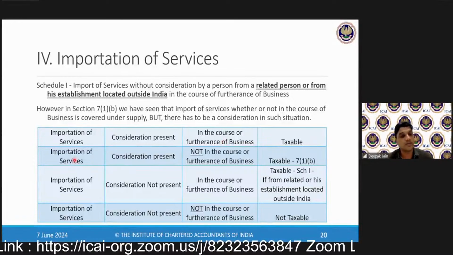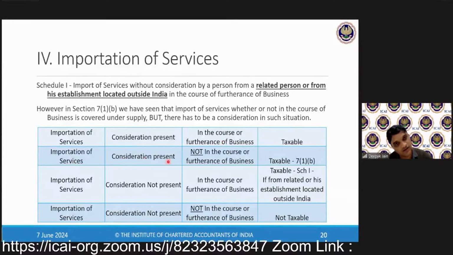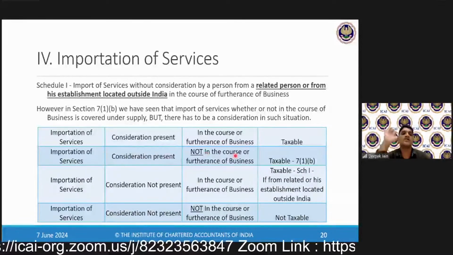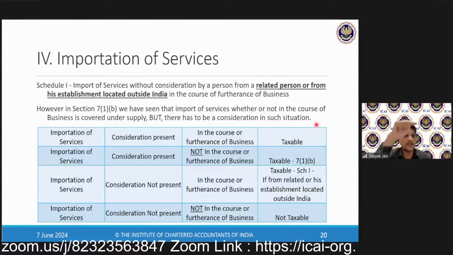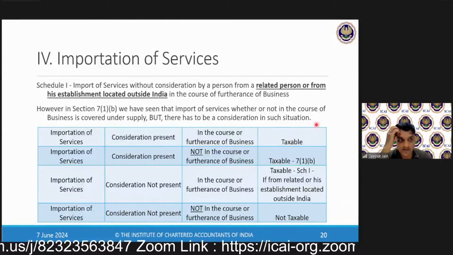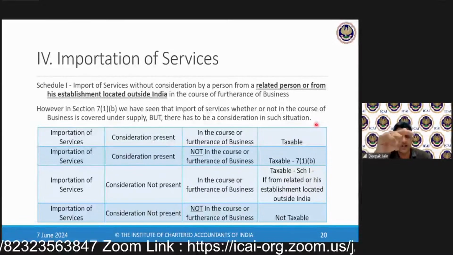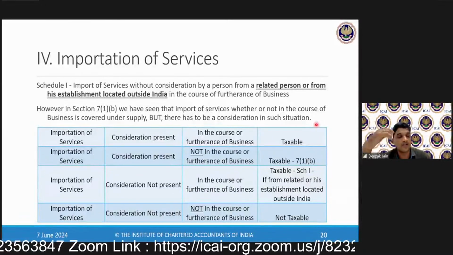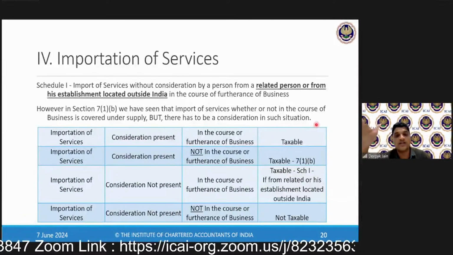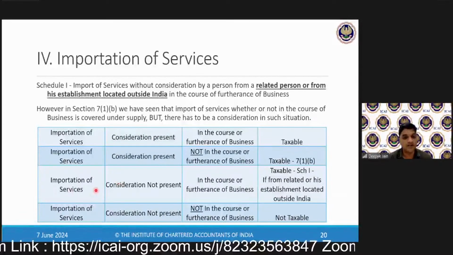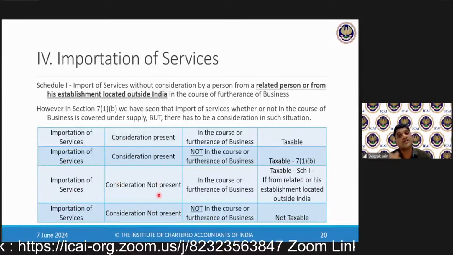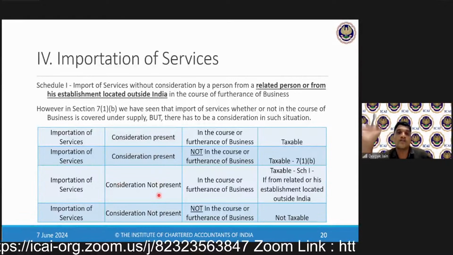Second scenario, importation is there, consideration also is there, but it is not in the course of furtherance of business. Is it taxable? Section 7(1)(b) says yes, it is also taxable. Importation of services where consideration is present, but not in the course of furtherance of business, still it is taxable. Third is importation of services, consideration is not present, but it is in the course of furtherance of business.